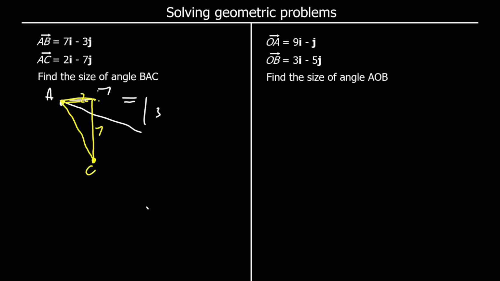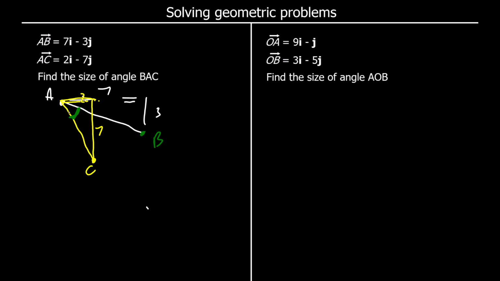We wanted to work out angle BAC, so that's this angle here. We can work this out using SOHCAHTOA twice. If we work out the angle AC makes with the x direction, and the angle AB makes with the x direction, we can take them away from each other.